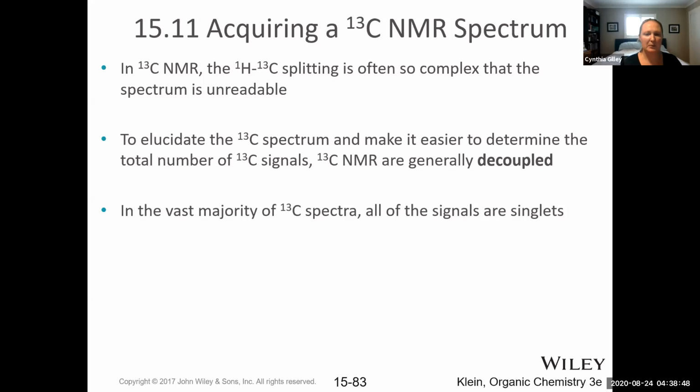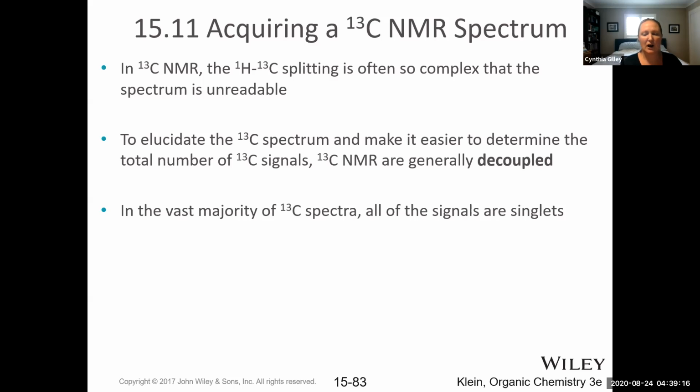The way the decoupling process works is that at the same time, all of the hydrogens in the molecule are irradiated. Meaning they do a constant pulse of all of the RF frequencies that will resonate the hydrogens, such that all of the hydrogens are in the beta state. And then they pulse the RF frequencies that resonate the carbons.